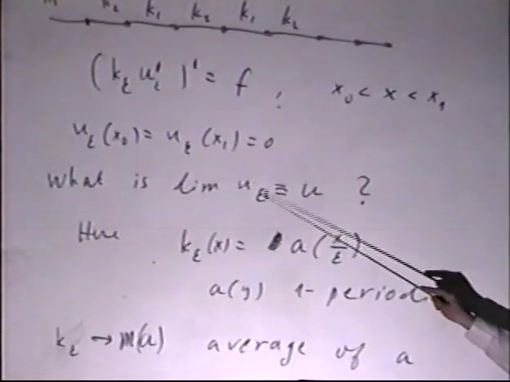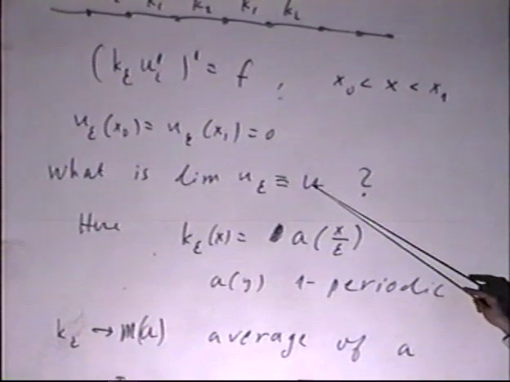Suppose that we are making such a composite material with 100 million pieces, or let's say with micron size of K1, micron size of K2. So it'll be impossible to start computing in each interval separately. You want to take the whole thing together and in some average sense see what happens to the electric potential. So what is the limit of the solution u sub epsilon when epsilon goes to 0?